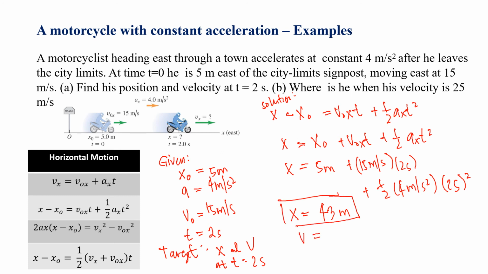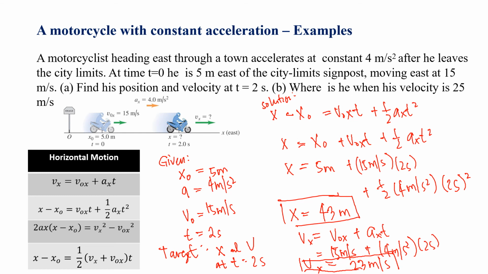We use equation 1 to solve for the velocity. So your v is equal to your v naught plus a t. You have 15 meters per second plus 4 meters per second squared times 2 seconds. Your velocity v is equal to 23 meters per second.